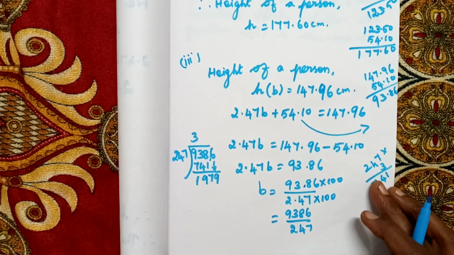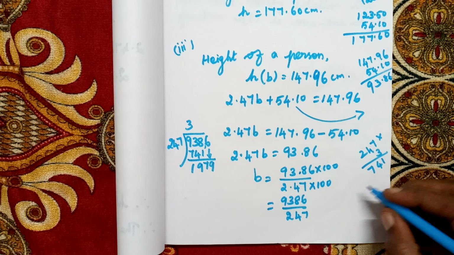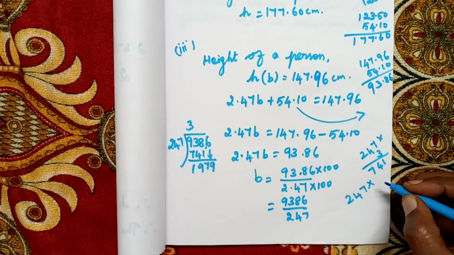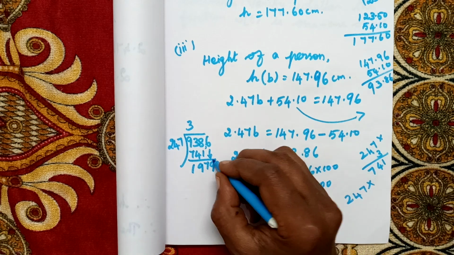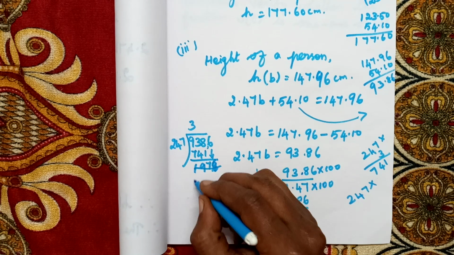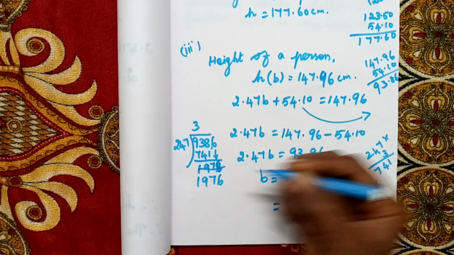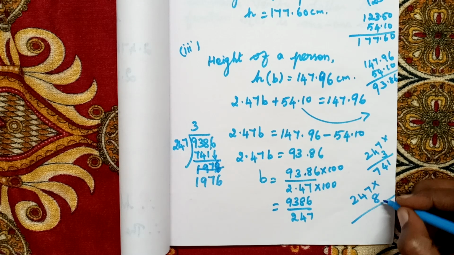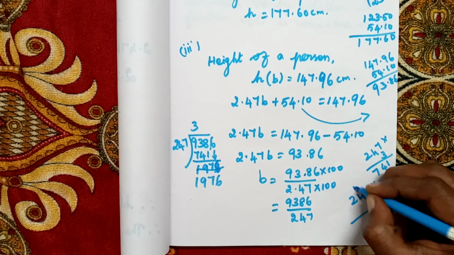Now again we can multiply. 247 into how many times will it be got? 1976. So 8 times, when we are multiplying, 8 sevens are 56. Fine.